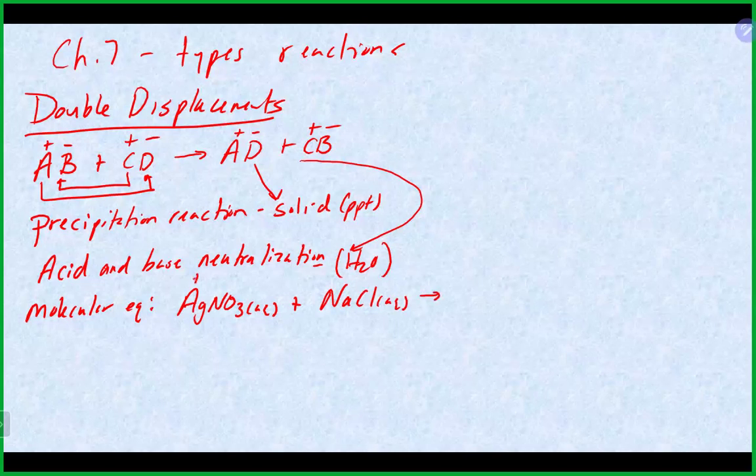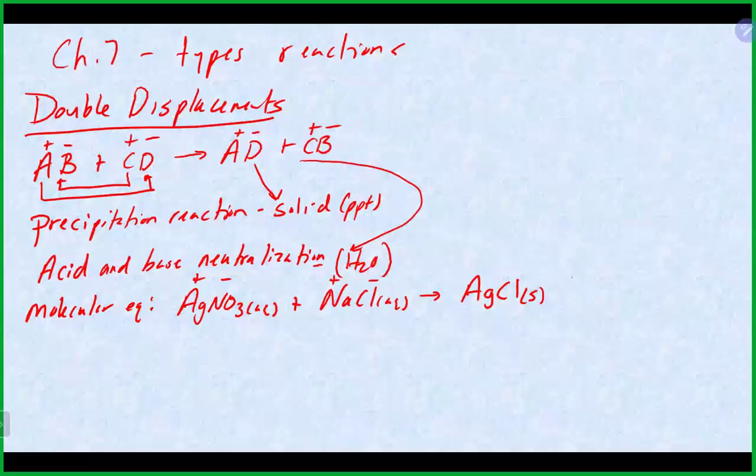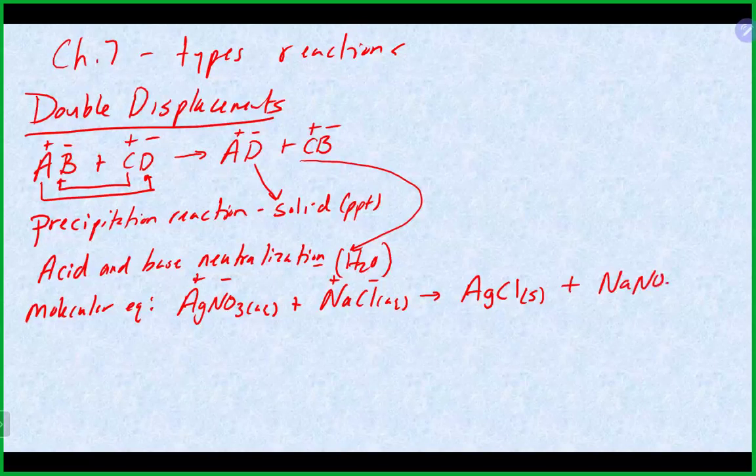This again is a double displacement reaction where the silver will go and hook up with the chloride. Based on solubility rules, that's one of the exceptions for chloride, which makes it insoluble, which is why you would get a solid in this case. And our sodium and nitrate will come together and make sodium nitrate, both of which are soluble in everything when we looked at those solubility rules.